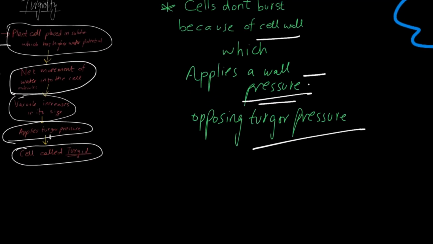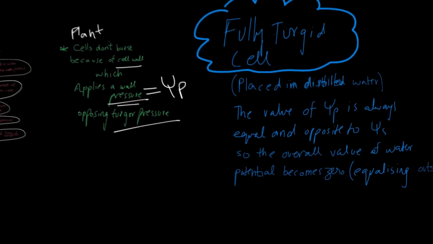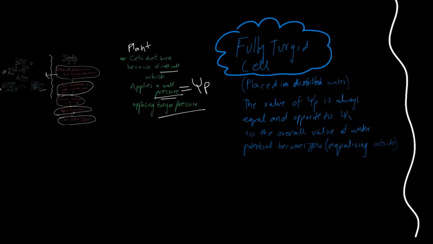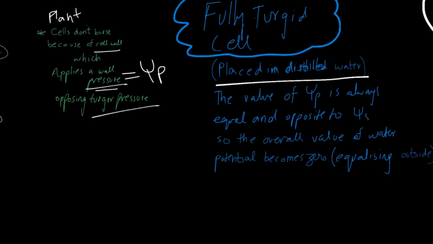So, this wall pressure is the pressure potential, right? The value of the pressure potential. Now, a fully turgid cell, as I showed you right now, is placed in distilled water where the outside solution water potential is 0, and the value of pressure potential is always equal and opposite to the solute potential.